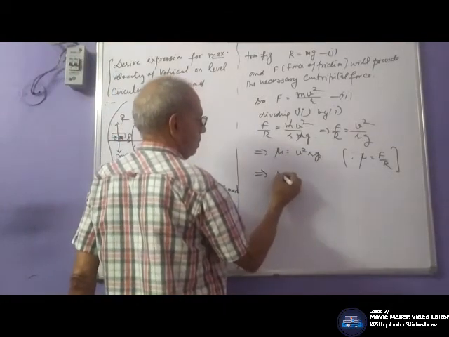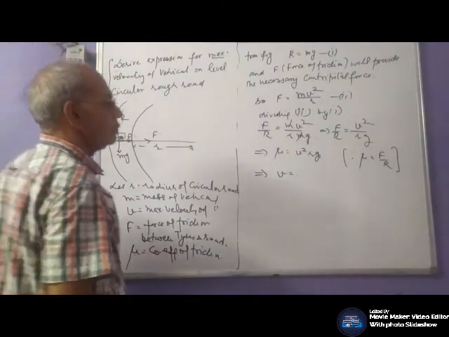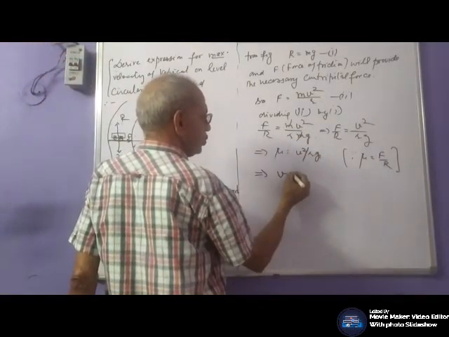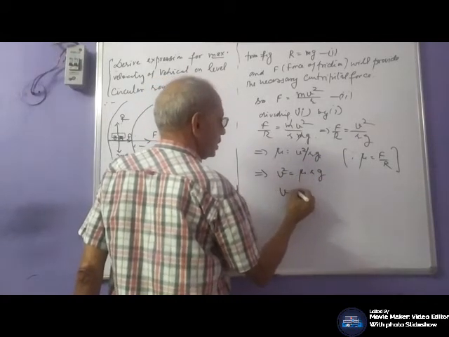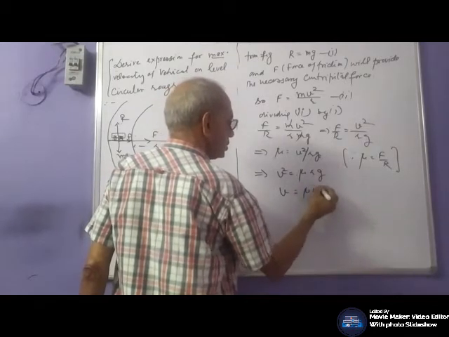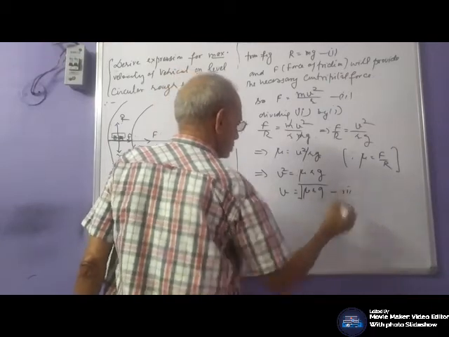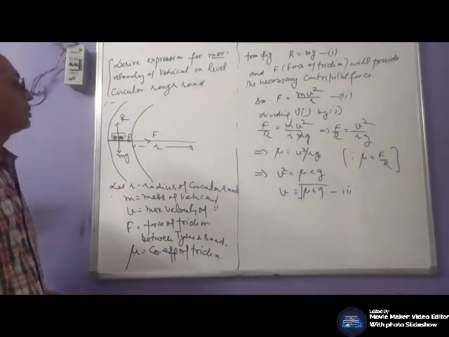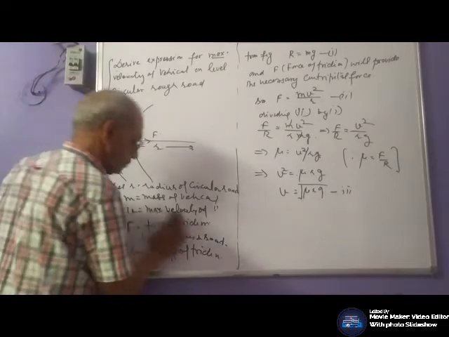So v square is mu rg, or v is root of mu rg. So this is the velocity of a vehicle on a level rough circular road.